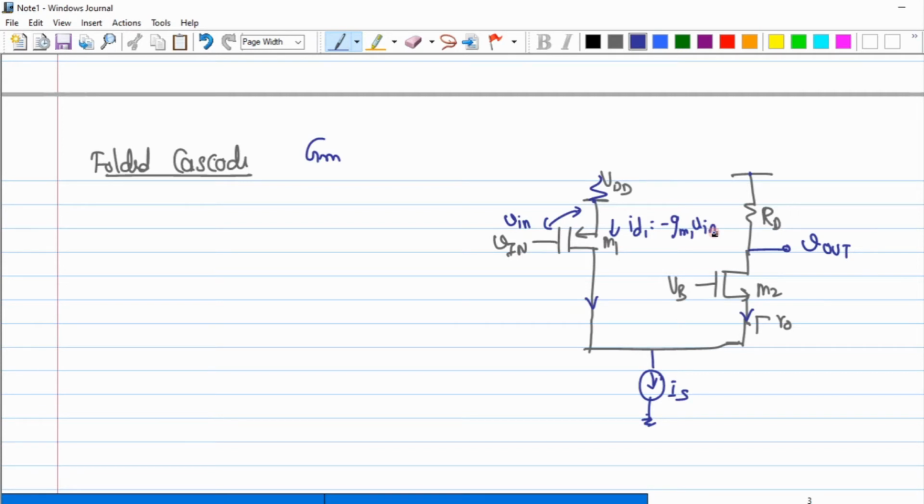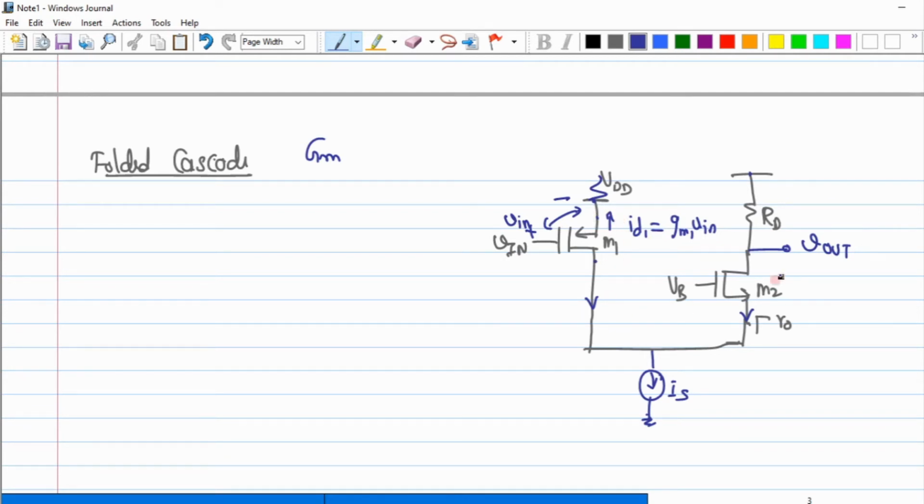Don't ask me why I have written the negative sign: I put the current direction here as flowing from source to drain, even though I have polarity as plus and minus here. Or if you want, I'll replace that, if it confuses you. I have plus and minus, due to which the current always flows from drain towards the source. This is the small signal current.